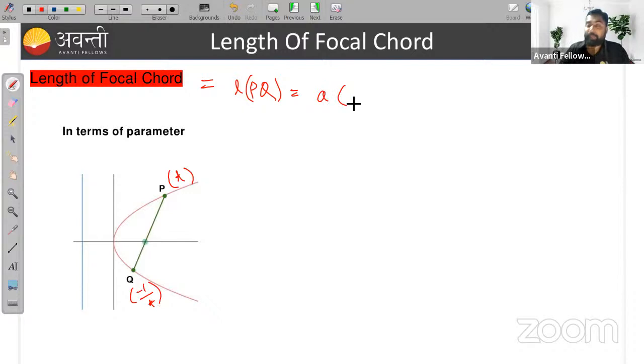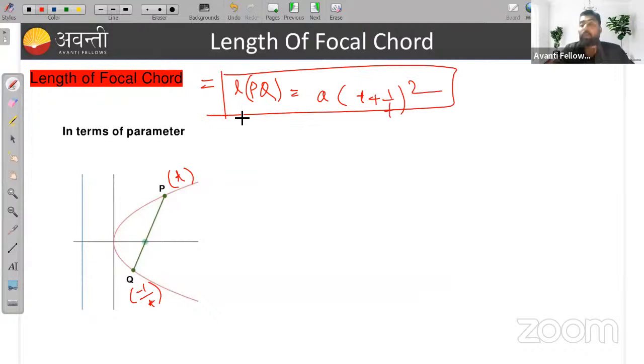So the length of PQ will be a into t plus 1 by t whole square. Remember, this is the formula to find the length of the focal chord when the parameter is given.